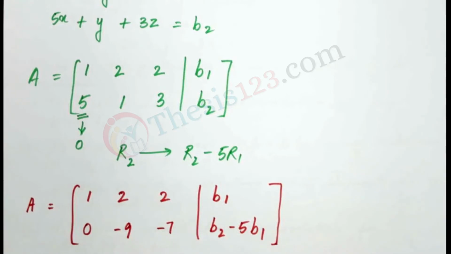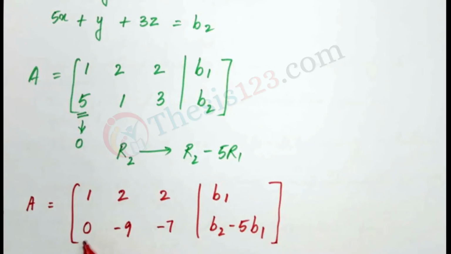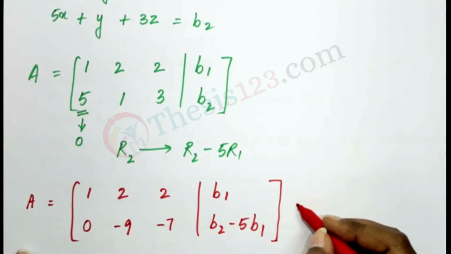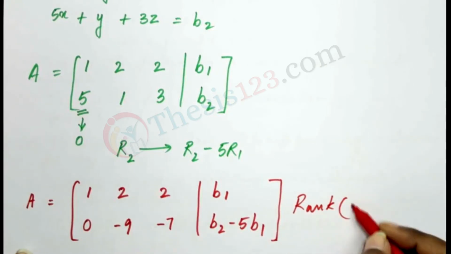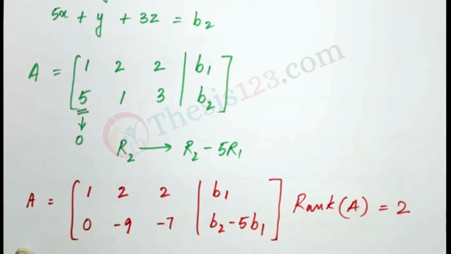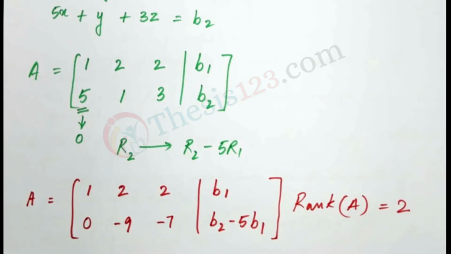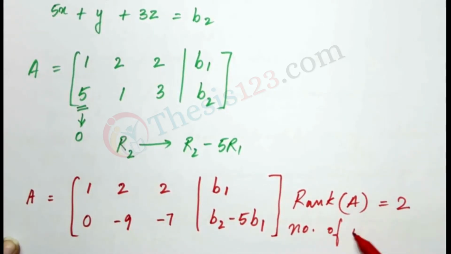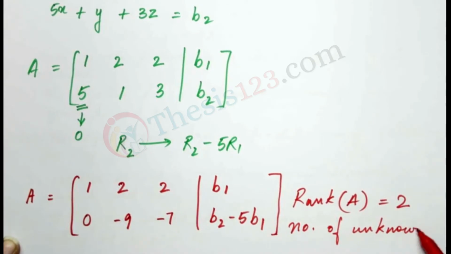Now if you notice over here, we have two non-zero rows. Apart from making the bottom left element 0, we see that we still have two non-zero rows. So this implies that the rank of the matrix A is 2, because the rank equals the number of non-zero rows. Now also we have the number of unknown variables as 3.